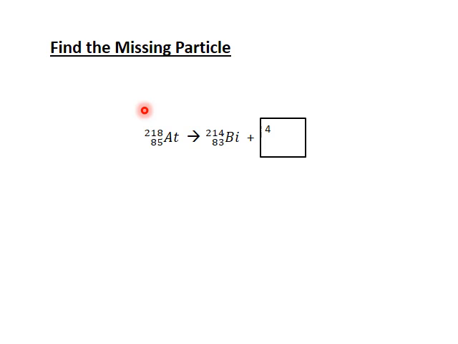When I look at the charge count on the reactant side, I've got 85 positive charges, and so far I'm only showing 83 positive charges on the product side. So I must be missing two positive charges. And if I look back at that previous page where I listed all the particles, the one that has a mass of 4 and counts for 2 protons is the helium nucleus, or the alpha particle.